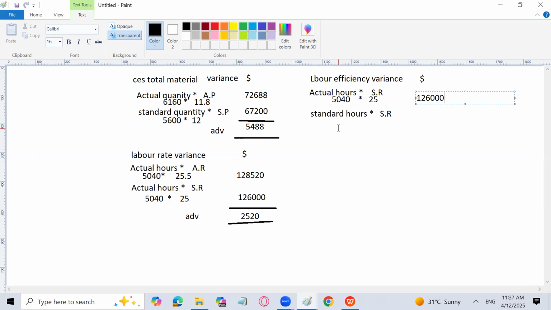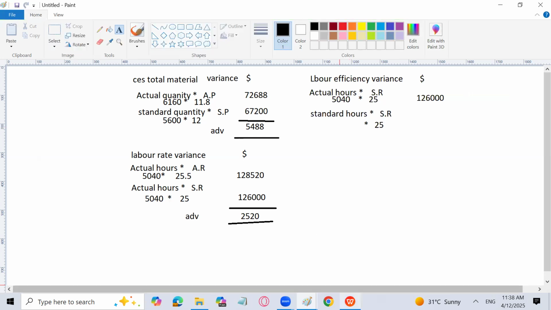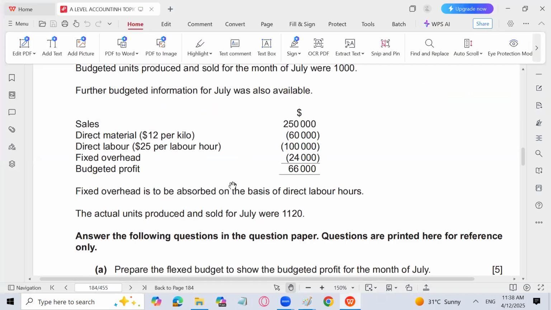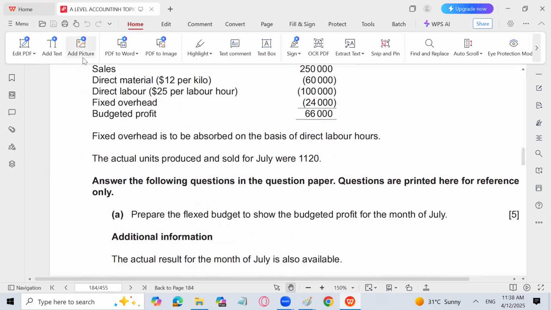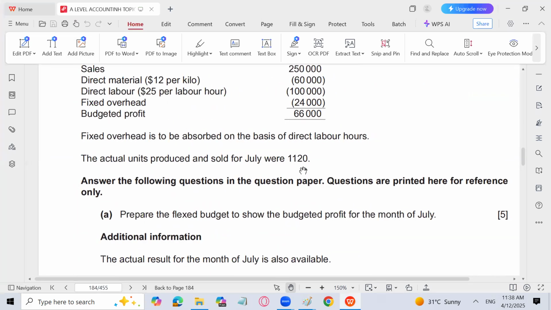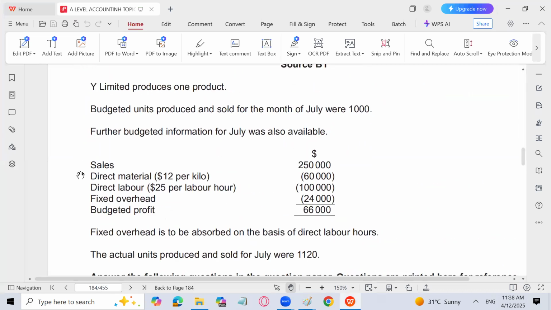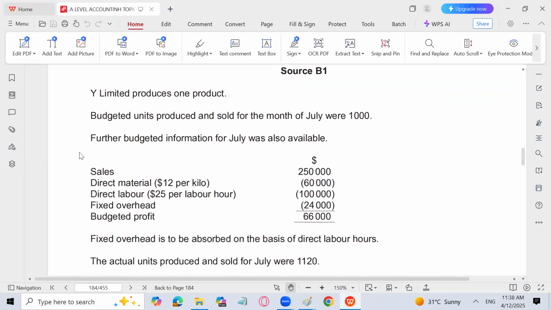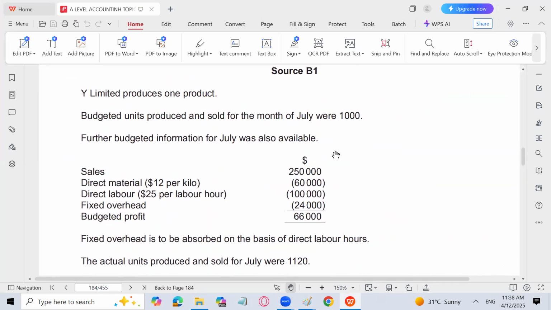Now, the standard rate is the same, 25 per labor hour. But how will we calculate standard hours? Standard hours means actual units at standard, meaning how many hours are required per standard for the actual units. Our actual units are 1120, and according to standard we know how many hours each unit takes.